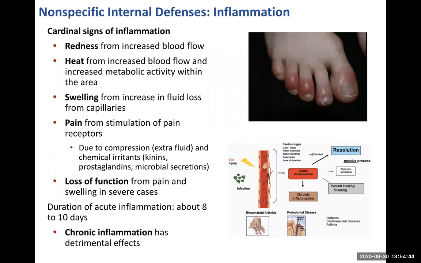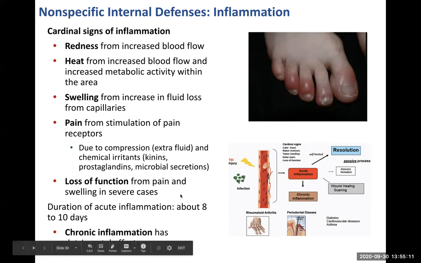And although chronic pain is problematic, acute pain is adaptive, right? Pain is alerting the body that something is wrong, telling us to not use the area. So it's very adaptive. And then loss of function is the fifth cardinal sign of inflammation, that's oftentimes due to the swelling that's associated with inflammation.